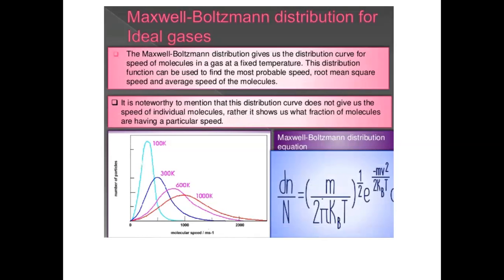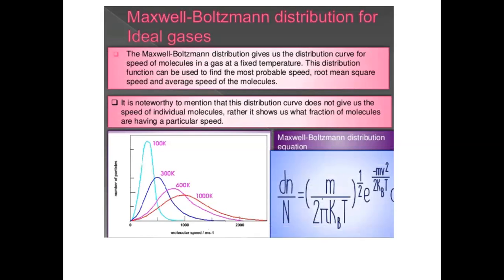This distribution function can be used to find the most probable speed, root mean square speed, and average speed of the molecule. We'll discuss what we mean by root mean square speed, most probable speed, and average speed of the molecule.